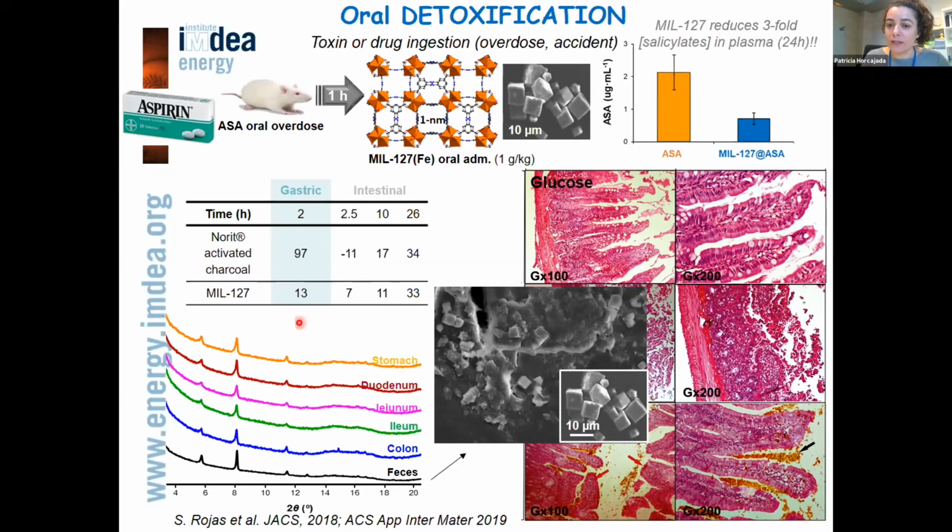However, the drawback of the carbon is that despite the important gastric absorption of the salicylate, once it passes to the intestine, it releases the cargo, allowing again the intestinal absorption of the toxin. In contrast, our MOF absorbs and retains the salicylate along the gastrointestinal tract, avoiding its absorption and toxicity.